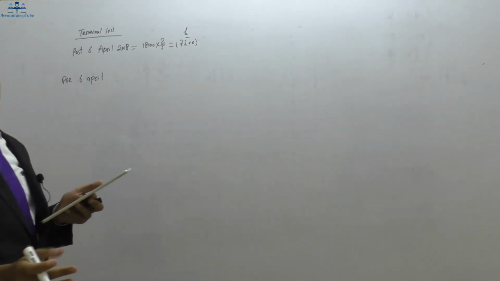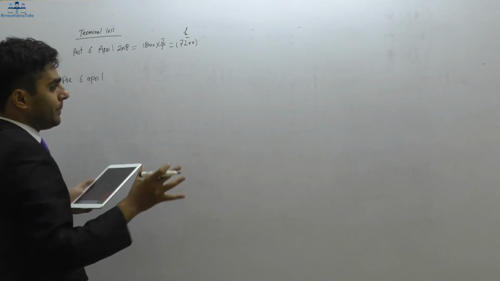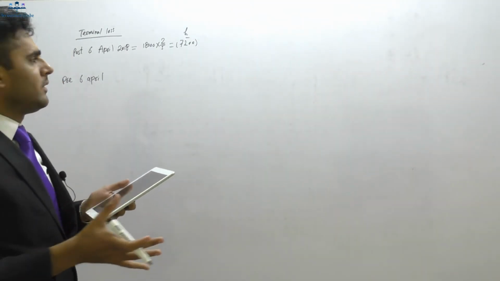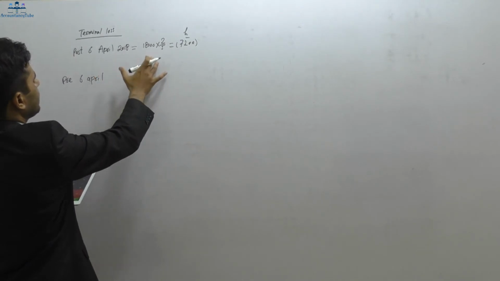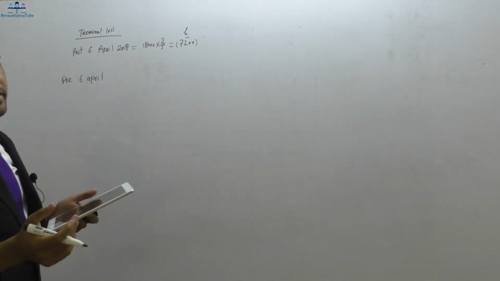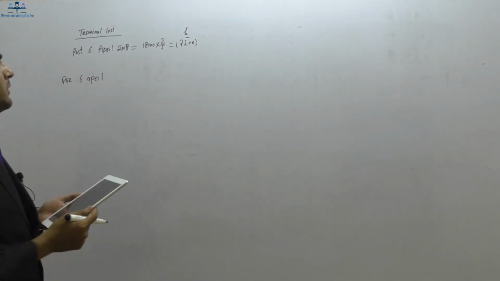So pre 6 April there will be 10 months. In the pre 6 April there are 2 periods. One is a loss period, which is the period from 1st of January to 6th of April, and there is another period as well, which will be in the year ending 31st of December.